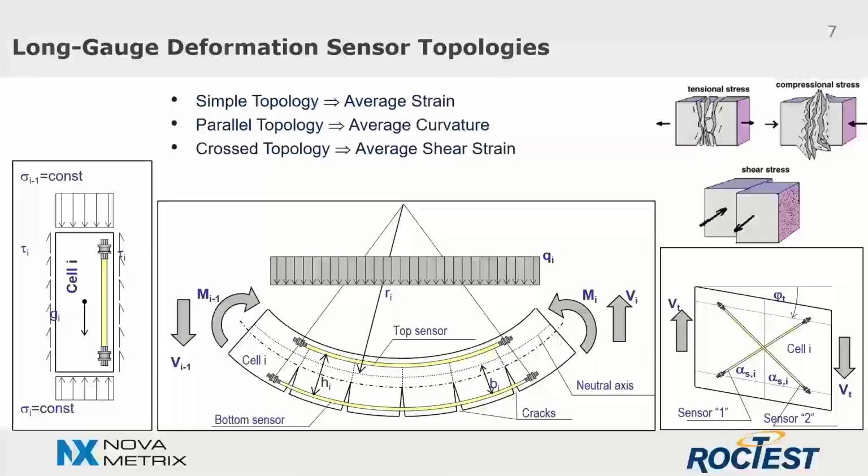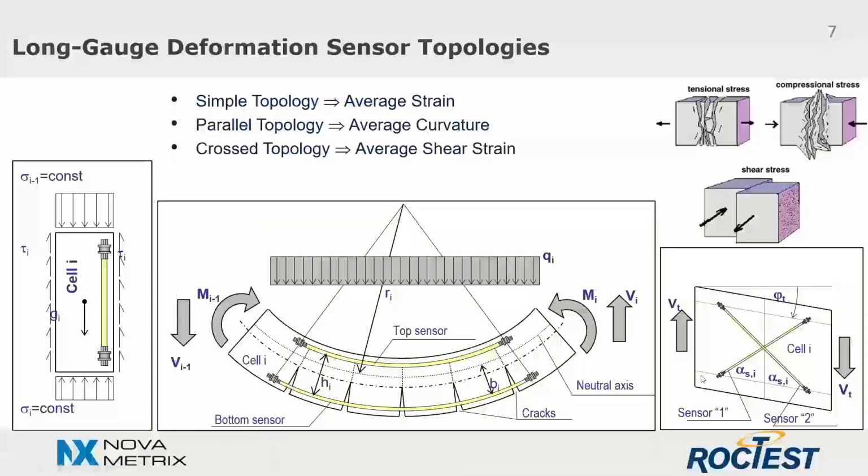In the center, we can see a parallel topology, which consists of two parallel sensors with equal gauge length, which are installed at different levels of the structural element cross-section. The parallel topology is used for monitoring portions of the structure which are subject to bending.